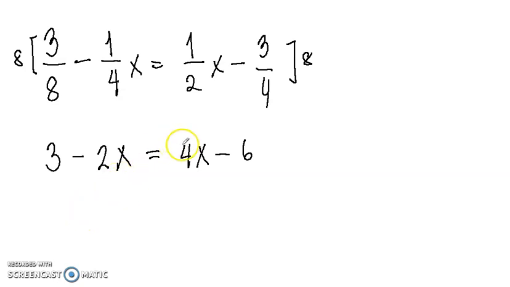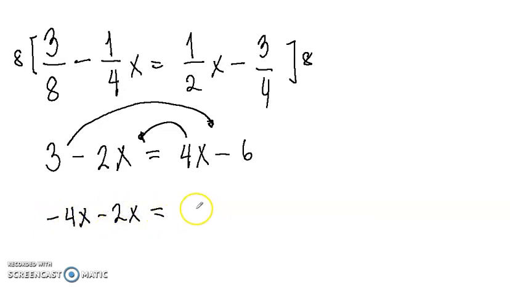So the 4x will move there, and then the 3 will go to the constant side. Therefore, we will have negative 4x minus 2x equal to negative 6 minus 3.